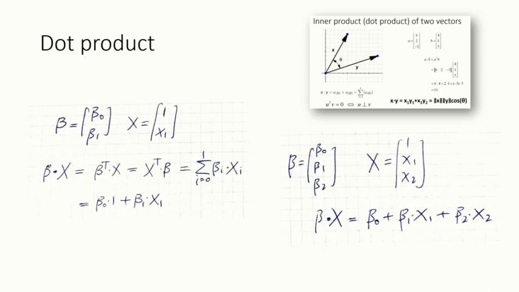So to use the dot product, I will write two vectors. The first is this beta. Okay. So this, then you have x.